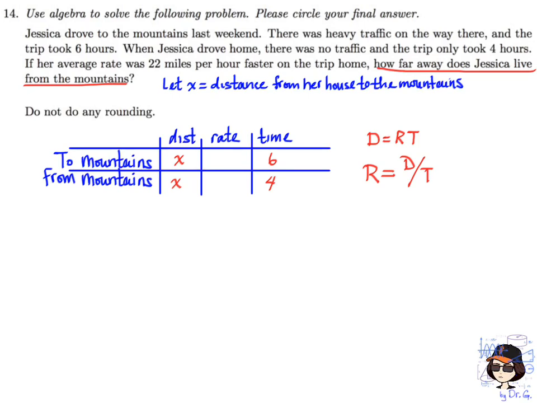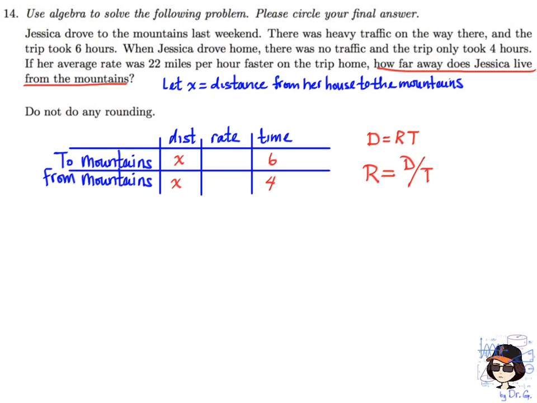And that's also intuitive, right? The rate, she's driving miles per hour. Yeah, rate is miles per hour. That's miles divided by hours. That's distance divided by time. So rate is always distance divided by time.